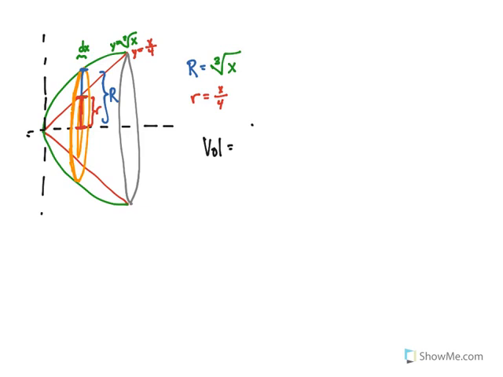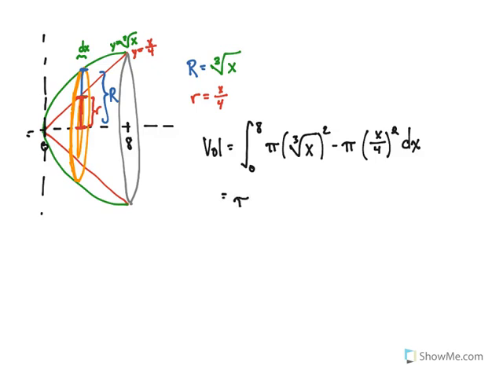So our volume is going to be the integral from 0 to 8. We have our x values 0 and 8. Pi big R squared minus pi little r squared dx.